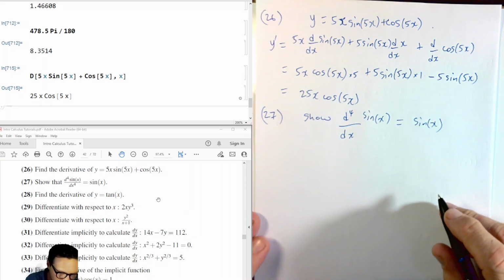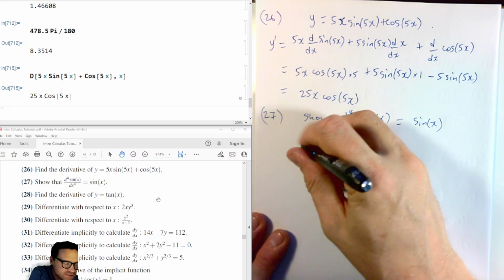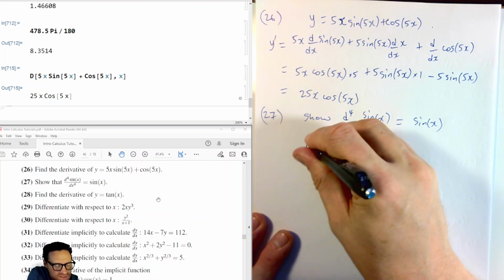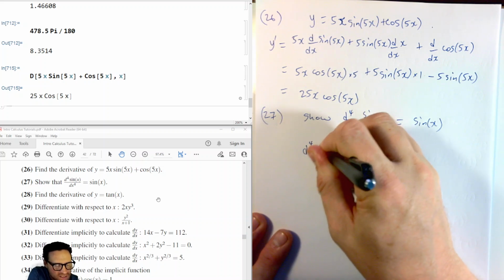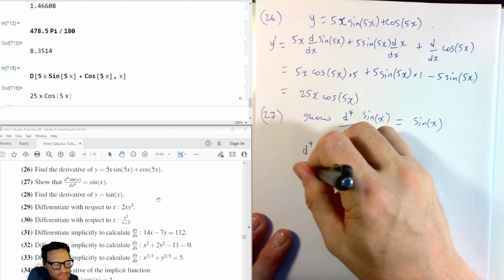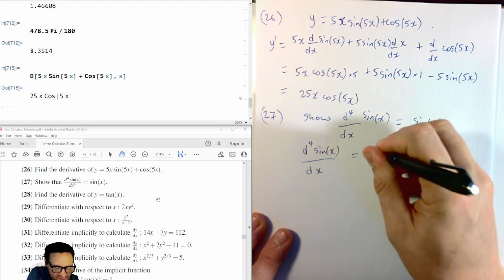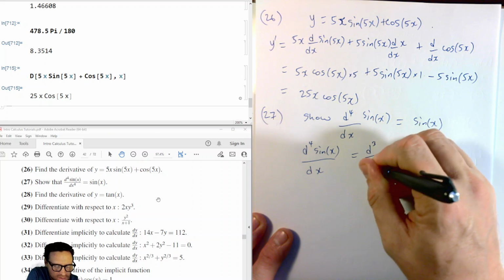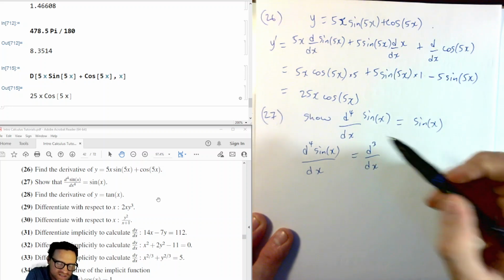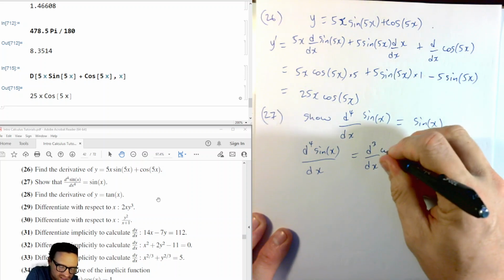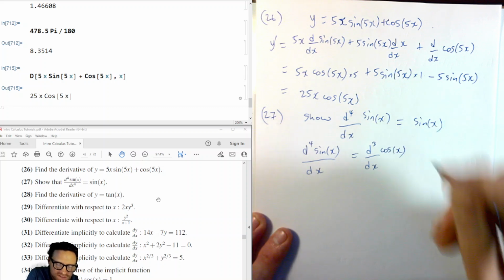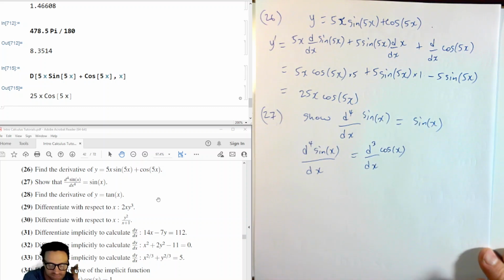Okay, so we've got to differentiate sine 4 times. So the fourth derivative of sine of x is the third derivative of what is the derivative of sine x? It's cos of x. So the third derivative of cos of x.